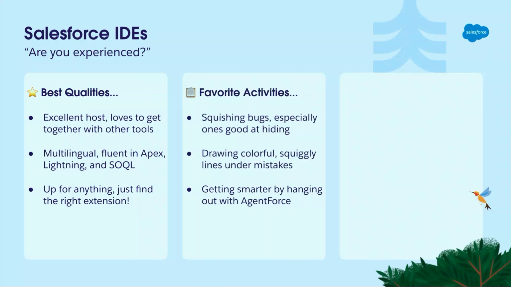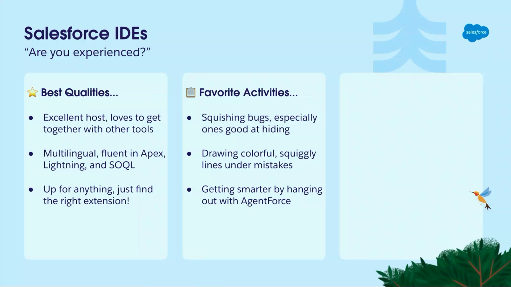Favorite activities, squishing bugs. You heard me mention the Apex Replay Debugger. It's super easy to get into. You run a test class, you click a little bug icon, and boom, you've got what feels like an interactive debugger, but it's actually running post-transaction, and it's giving you a replay and letting you examine variables and how they change. Drawing colorful, squiggly little lines. Very artistic, yes.